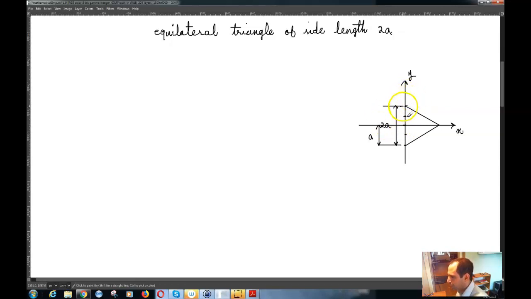So if this distance is a, you can say that the coordinates of this point is (0, a), and then the coordinates of this point would be (0, -a). And then the third point, and then of course you know that the coordinates of this point would be (0, 0).